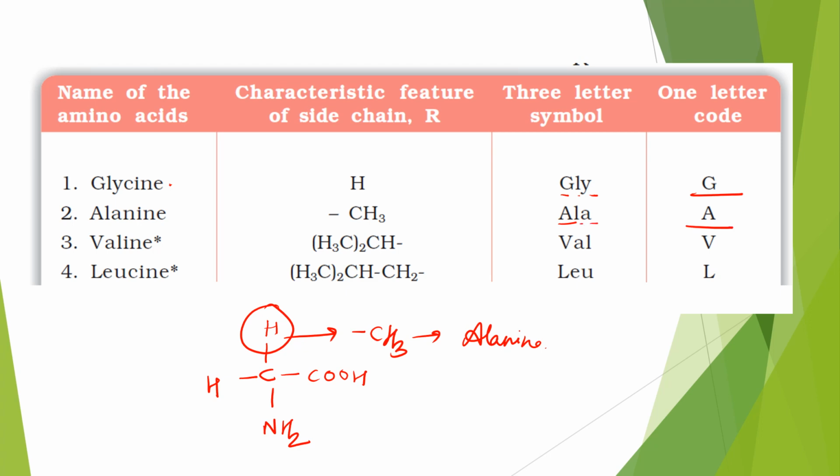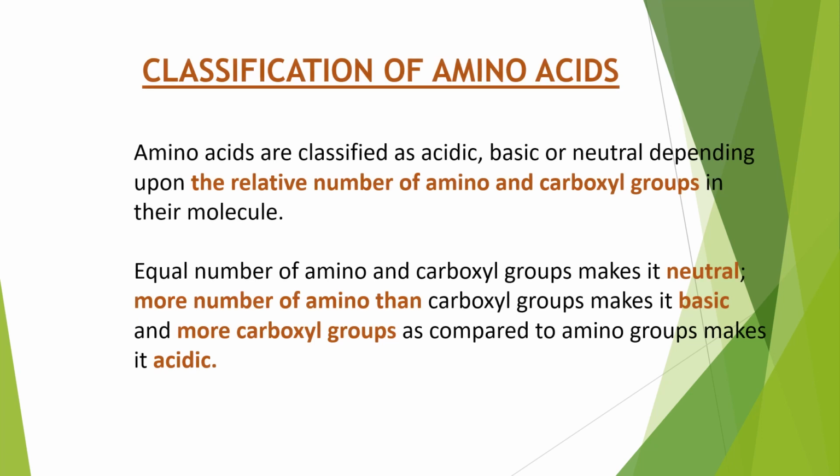Now we will study classification of amino acids. So amino acids are classified as acidic, basic or neutral depending upon the relative number of amino and carboxyl groups in their molecule. Suppose amino group is equal to carboxyl group in the structure, then it will be a neutral amino acid.